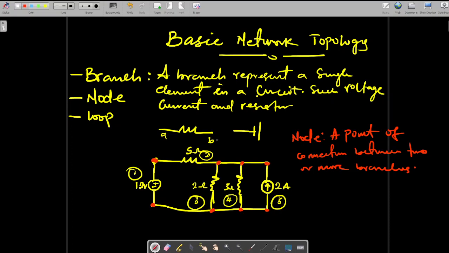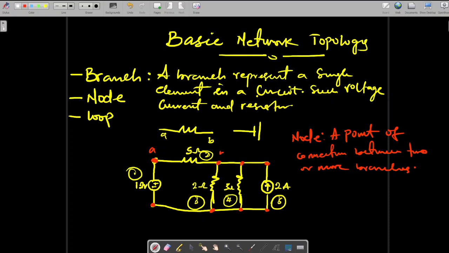Now, if you look at this branch here, that is the 12 volt and the 5 ohms resistor, this is their point of connection. So this is a node. Let me label it A. When you look at the 2 ohms resistor and the 5 ohms resistor, this is their point of connection.